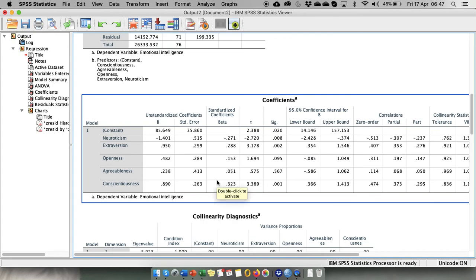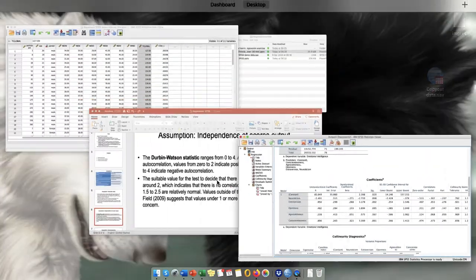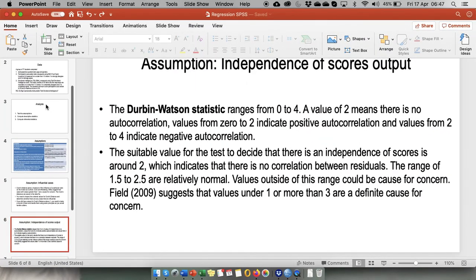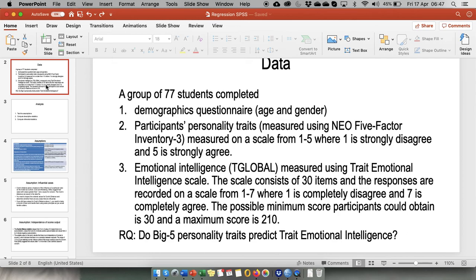Because our independent variables, our personality traits, are recorded on a scale from 1 to 5, but the trait emotional intelligence is recorded on a scale from 30 to 210, the scales are very different.